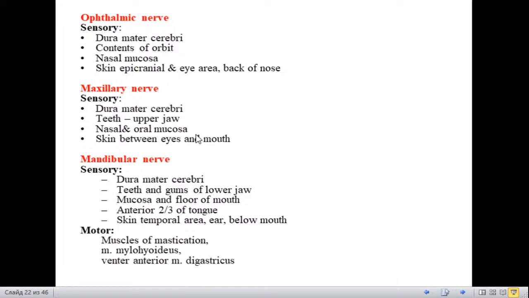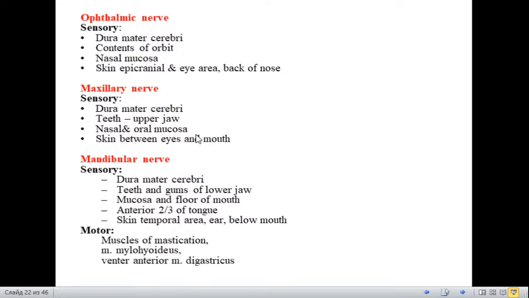After that, upper teeth, nasal and oral mucosa, and skin between the palpebral fissure and oral fissure, so the middle part of the face. The mandibular nerve has two components, sensory and motor.